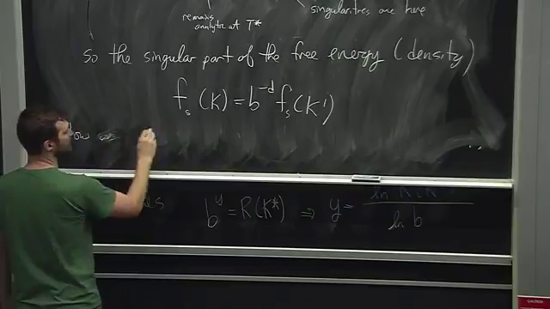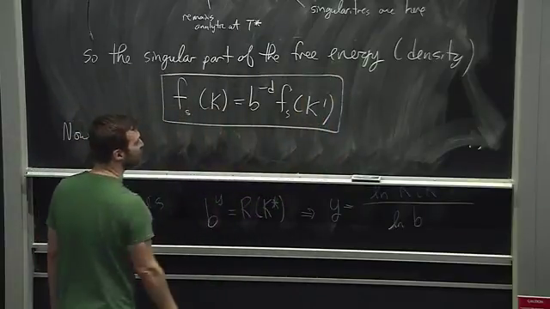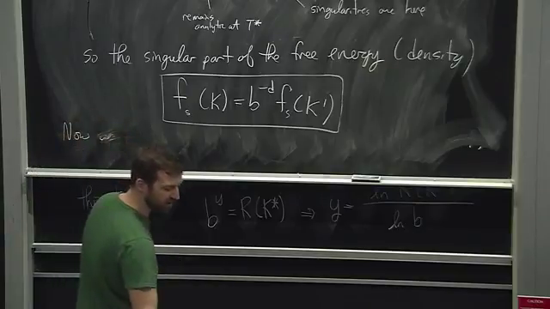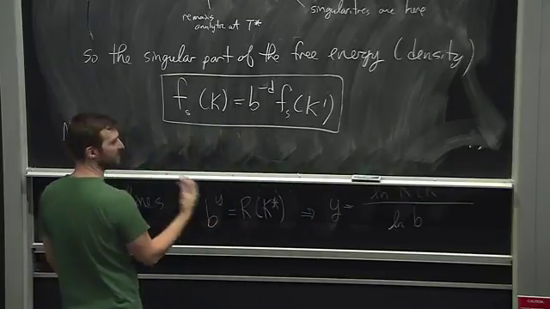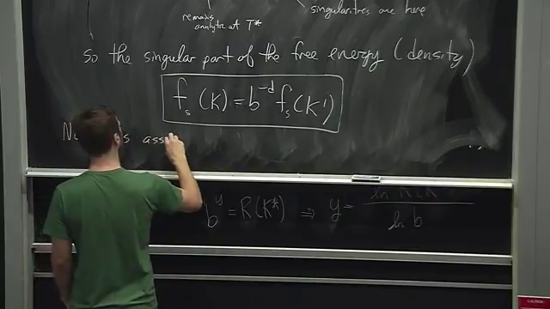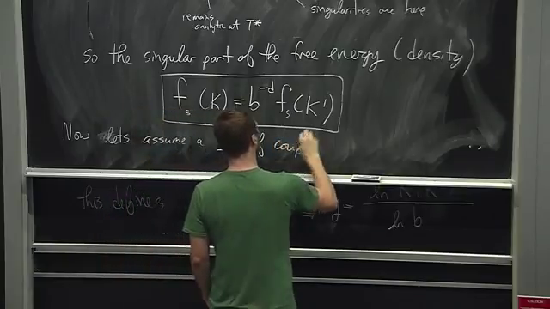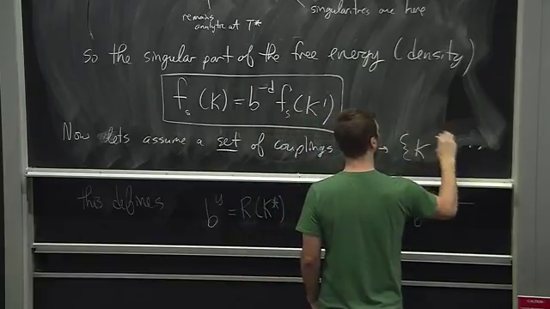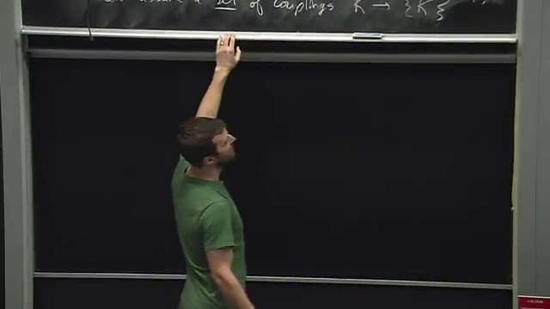So we're going to use this form of the singular part of the free energy. Okay, so this is the most important thing. And we're going to derive scaling functions for more than one variable. So each one of these K's is now a set. And that set can include all sorts of things.